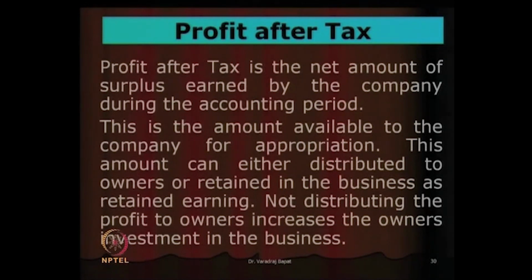Now, we say it is available for appropriation, because now owners can decide whether it is to be paid as dividend or whether it is to be retained in the company. Now, if owners do not take the dividend or if they do not take back their money, then the owners' fund in the business goes on increasing.